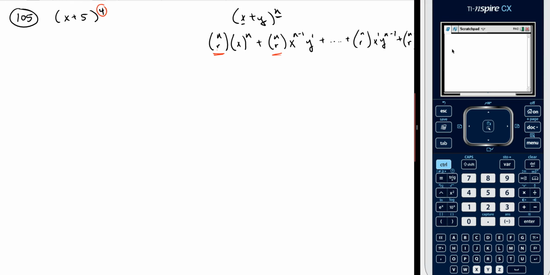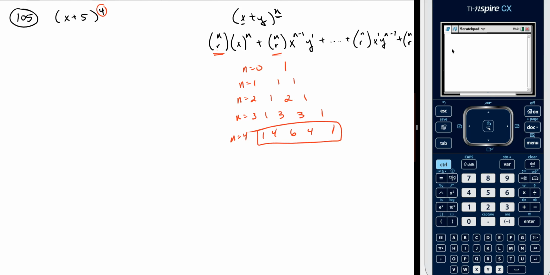Remember, Pascal's triangle starts with a 1 for n equals 0. For n equals 1, we have 1, 1. n equals 2, I have 1, 2, 1. n equals 3, 1, 3, 3, 1. And for n equals 4, 1, 4, 6, 4, 1. And these are my coefficients of each term in this sequence. So this 1, 4, 6, 4, 1 will replace each of these.